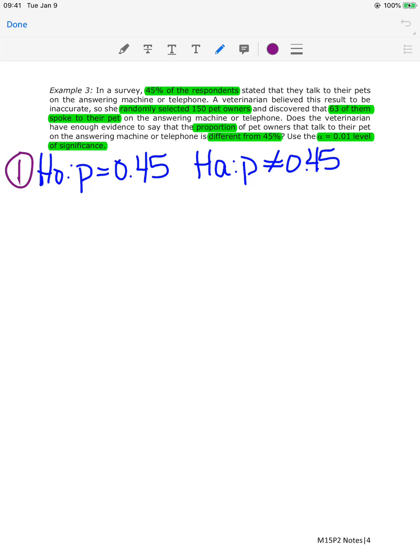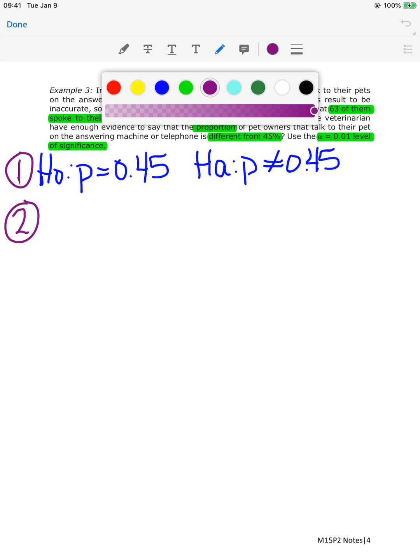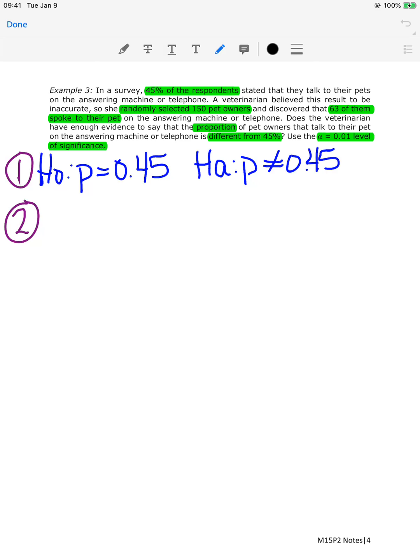Step 2, verify normality. We may run into a problem with this one. We'll find out. So our N is 150 and our P is 0.45.